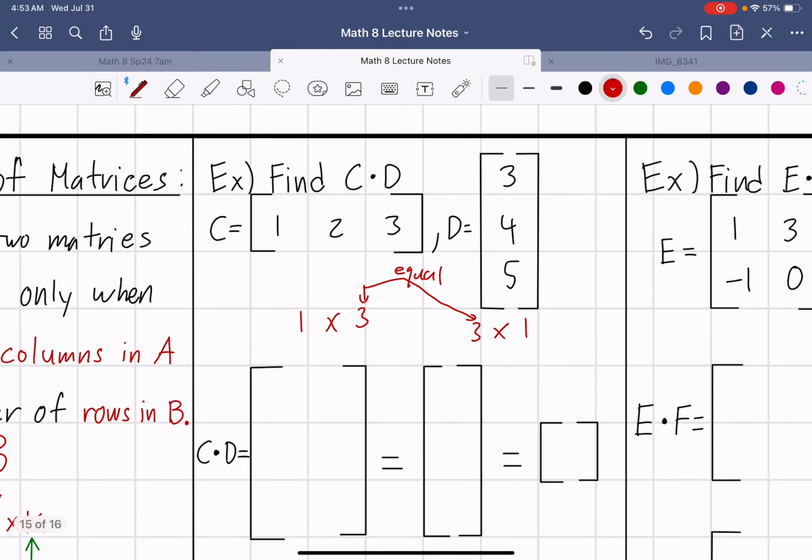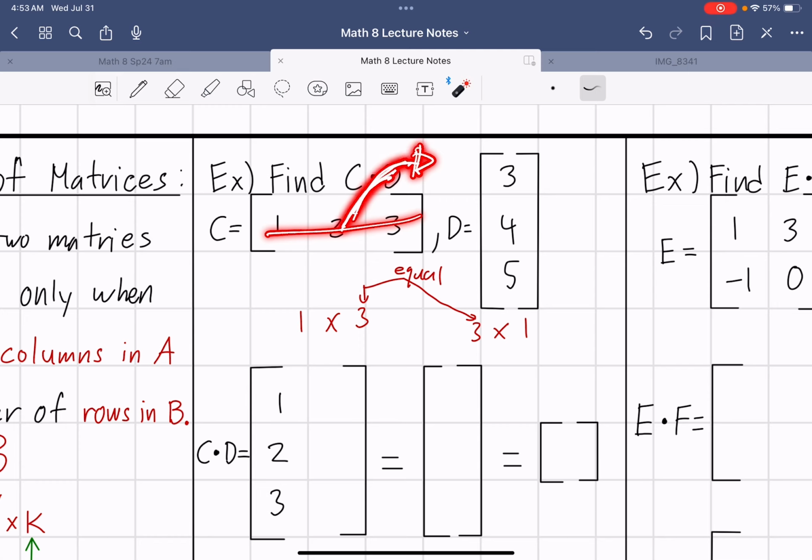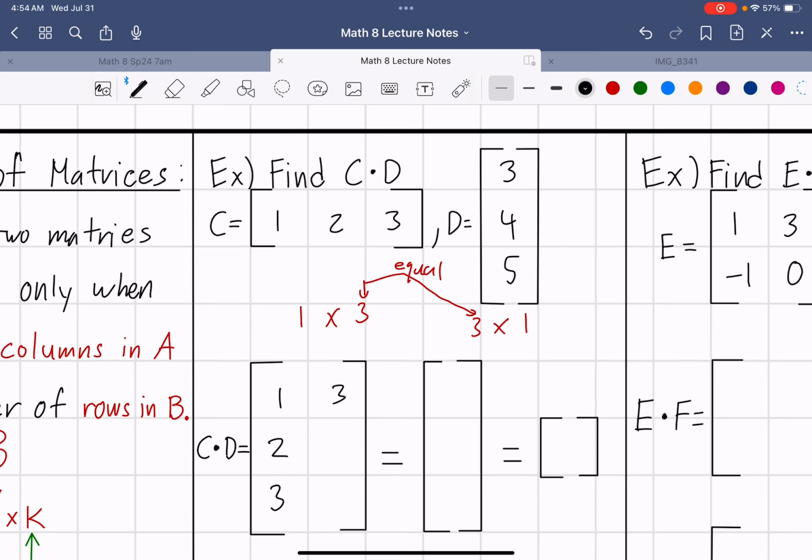So, let's do it. I'm going to change that row for C and write it as 1, 2, and 3, because I rotated it in the clockwise direction. And that makes this vertical. I already have D vertical, and that's why I need those to match, because if this was a slightly different dimension, I wouldn't have the entry to multiply with.